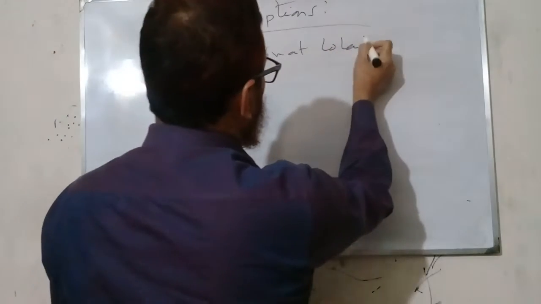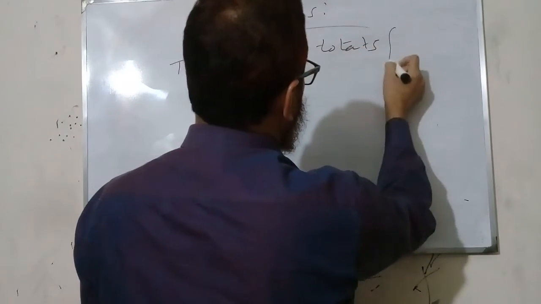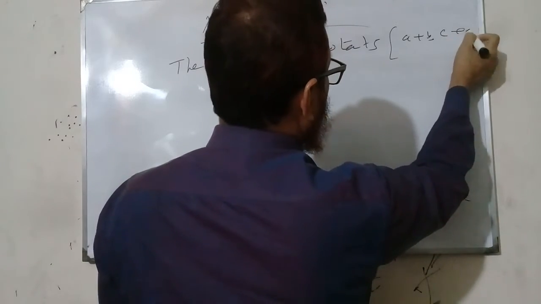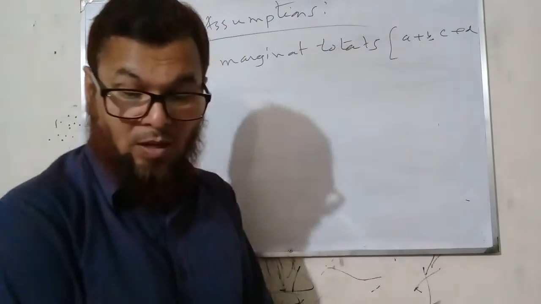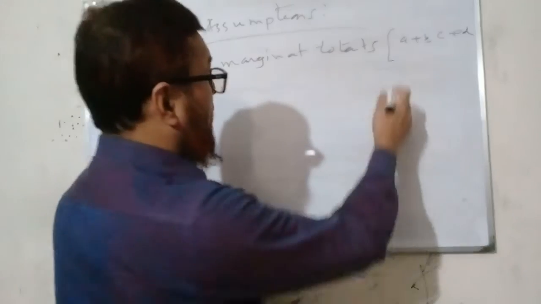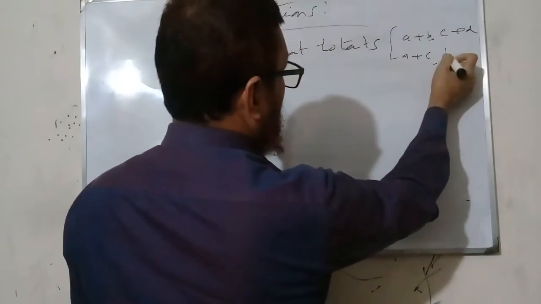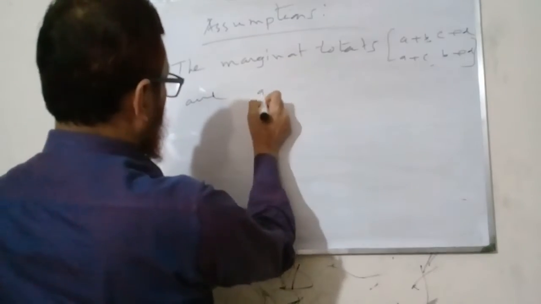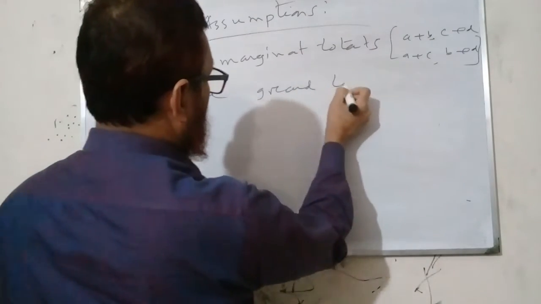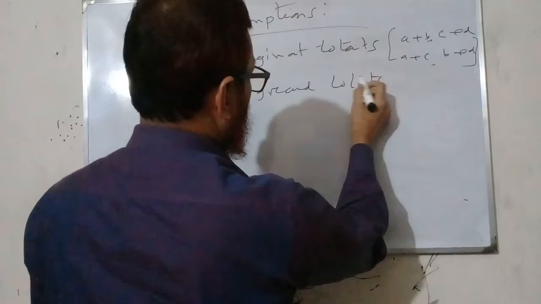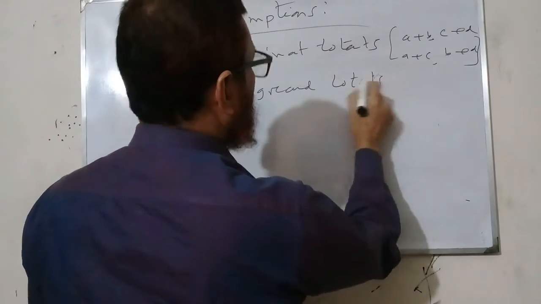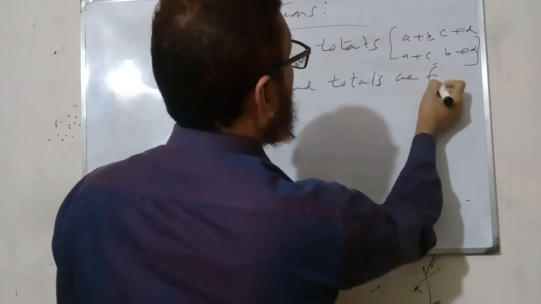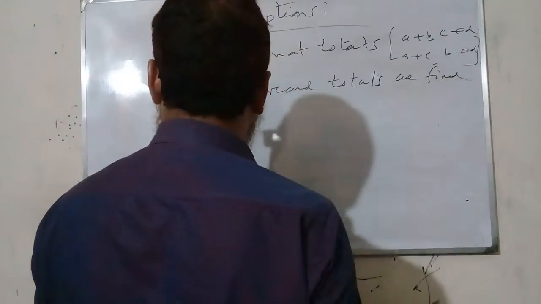The marginal totals, that is a plus b, c plus d, a plus c, b plus d, and the grand total are fixed.